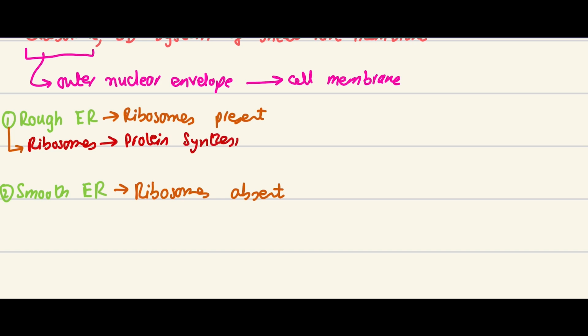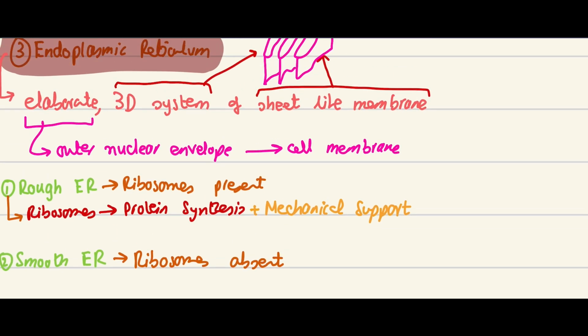So because rough endoplasmic reticulum has the ribosomes, we have protein synthesis going on. And one more thing that we have is mechanical support. Essentially the structure is so big, and these membranes are spread throughout the cell, so it's able to give the cell sort of a mechanical support.